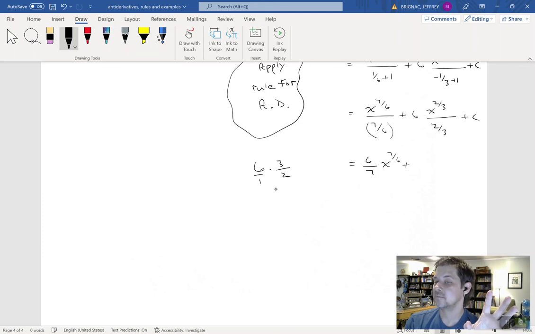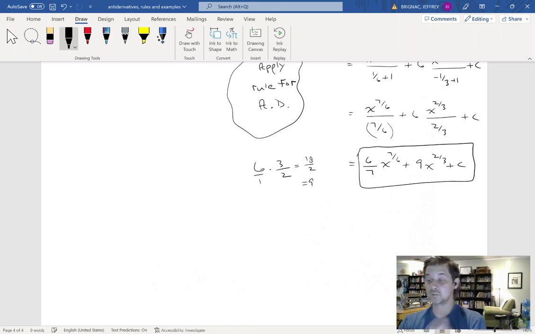What's that? That's going to be 18 over 2, or 9. You can also cancel the 2 into the 6, get 3, 3 times 3 is 9. So we'll say plus 9, x to the 2/3 power plus c. And there's our final answer.